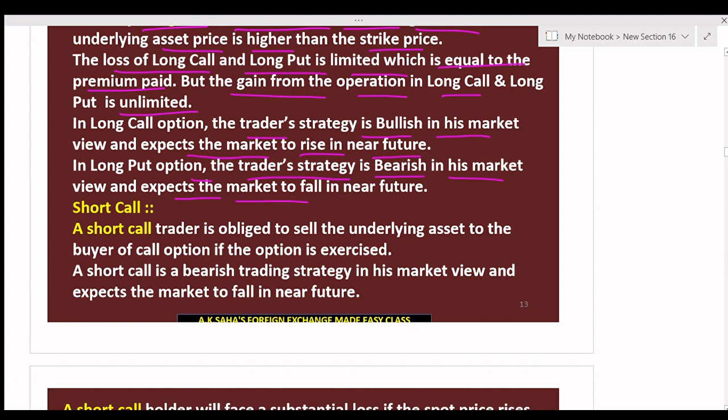Now come short call. A short call trader is obliged to sell the underlying asset to the buyer of the call option if the option is exercised. A short call is a bearish trading strategy in his market view and he expects the market will fall in the near future.